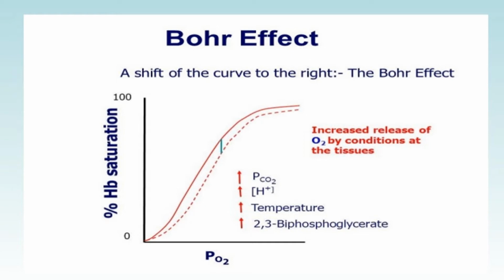When you plot the partial pressure of oxygen on the x-axis and the percentage of saturation of hemoglobin on the y-axis, the factors that play a key role in dissociation of oxygen from hemoglobin are: the partial pressure of carbon dioxide should be more, and there should be high H plus ions.